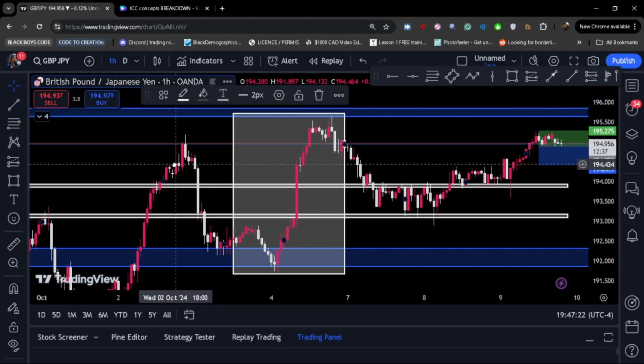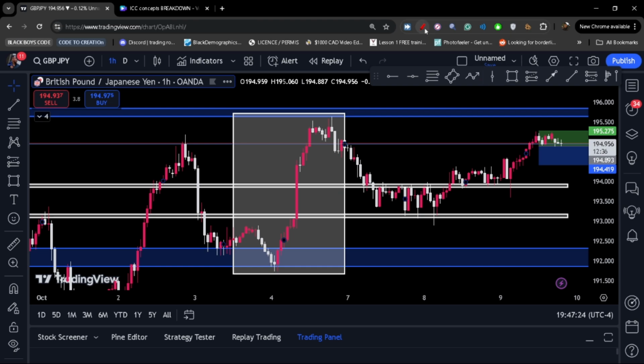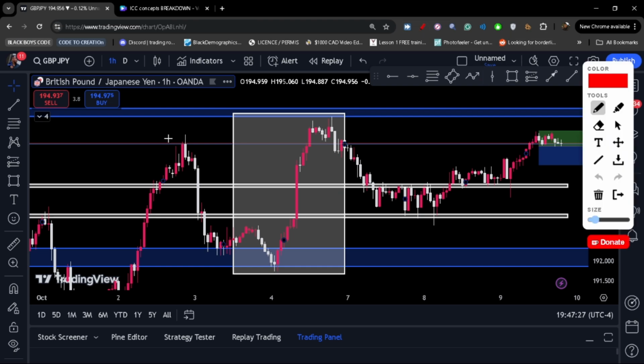Notice, guys, price was actually in a downtrend from here, going down here. Now this was the previous high that price needs to break for the trend to change from sells to buys, and as you can see, price ended up closing above it with this candle here. So this candle closed right above this high. That means the trend has changed from sells to buys.